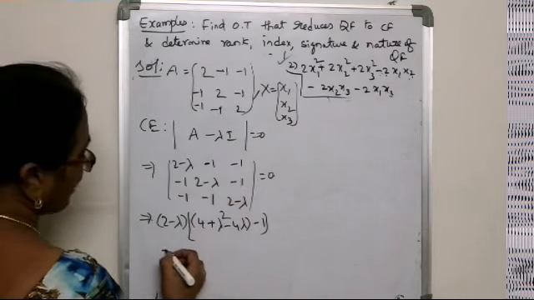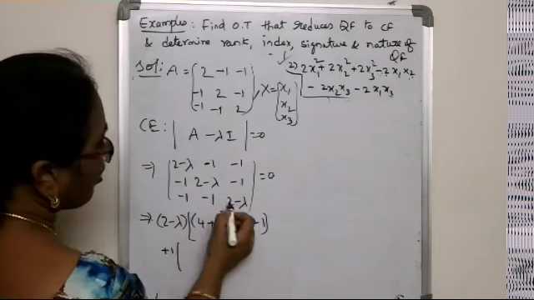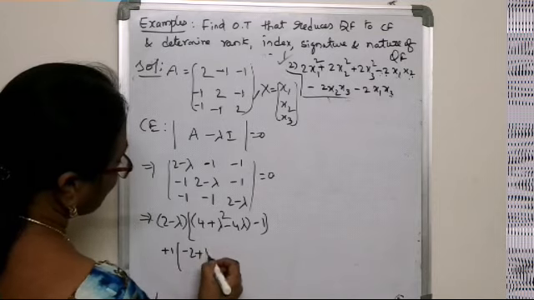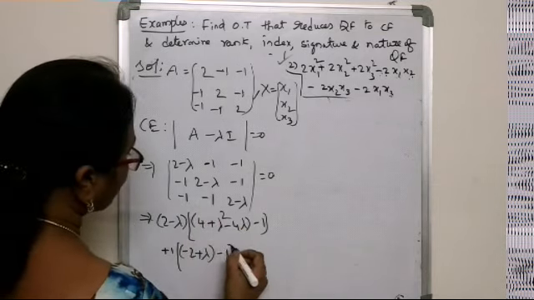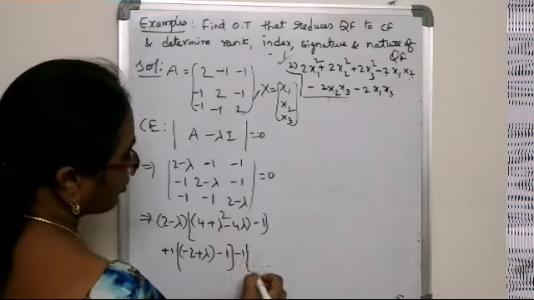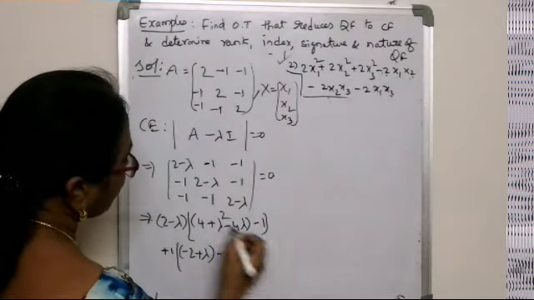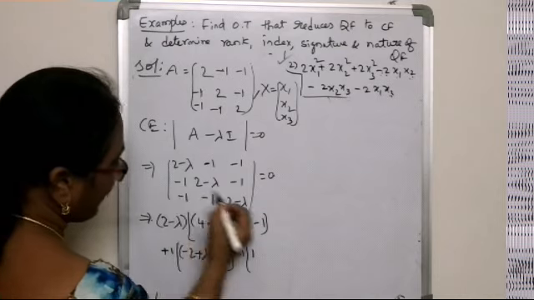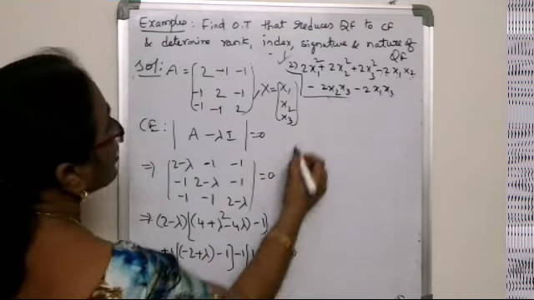Its cofactor is negative, so minus of minus 1, it is plus 1, into minus 1 of 2 minus lambda, minus 2 plus lambda, minus 1 into minus 1, it is 1. Next element in the first row is minus 1. Its cofactor is positive. So minus 1 of minus 1 into minus 1, 1. Minus of minus becomes plus, 2 minus lambda is equal to 0.